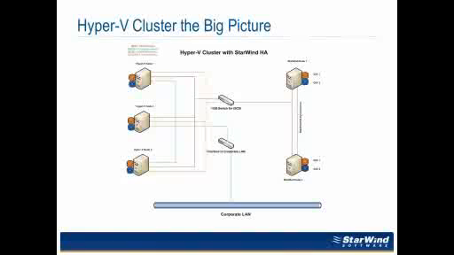Essentially, what you'll see here is my Hyper-V setup over here, where I've got a 3-node cluster in this case. I've got my dedicated switch for iSCSI, and then I've got my StarWind boxes over here, or insert iSCSI box here.